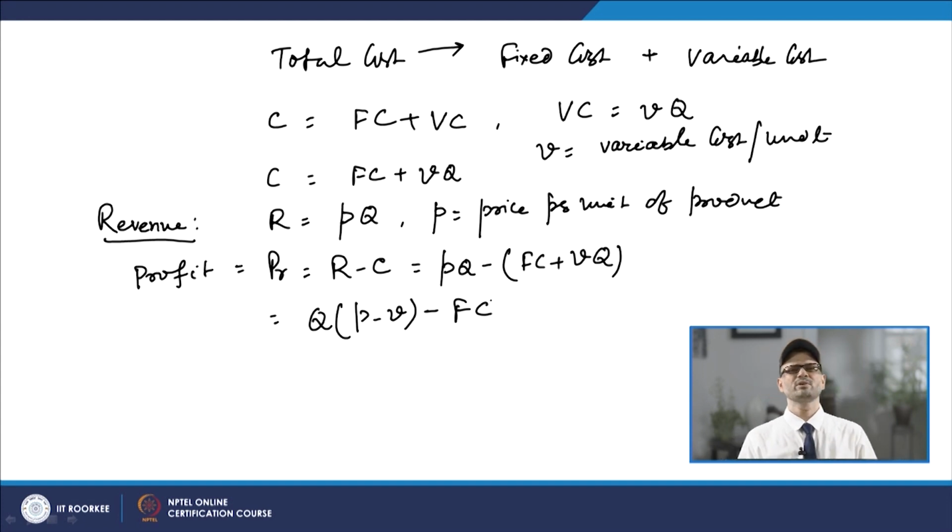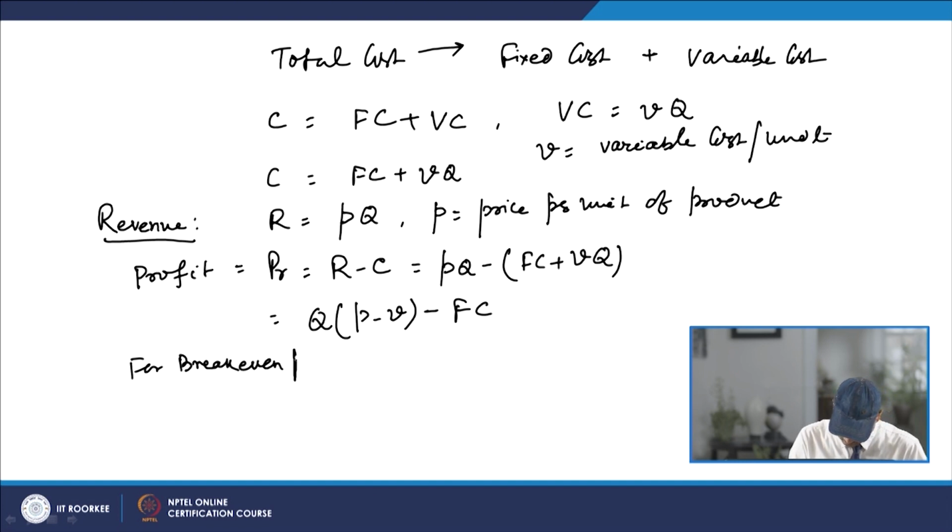Now, when we talk about the break even point, at break even point, the revenue which is generated is the same as the total cost, that is your profit is 0. So, for break even point your profit has to be 0.